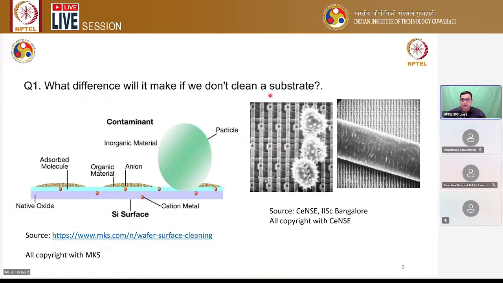You can see it has been patterned nicely in this half, and then you have some particles over here. These particles, if you see, are damaging a number of devices beneath them. Similarly, here you can see a big hair falling on a patterned substrate, so the devices beneath this hair are already damaged.